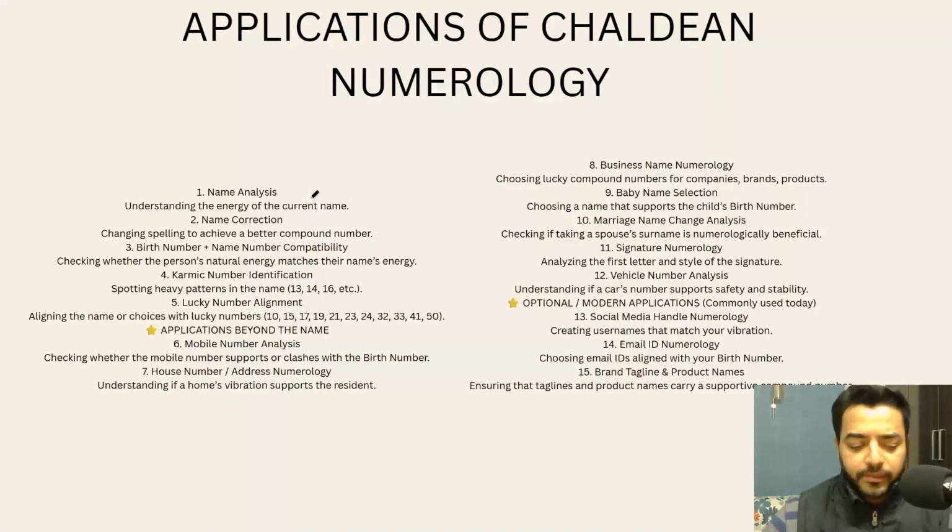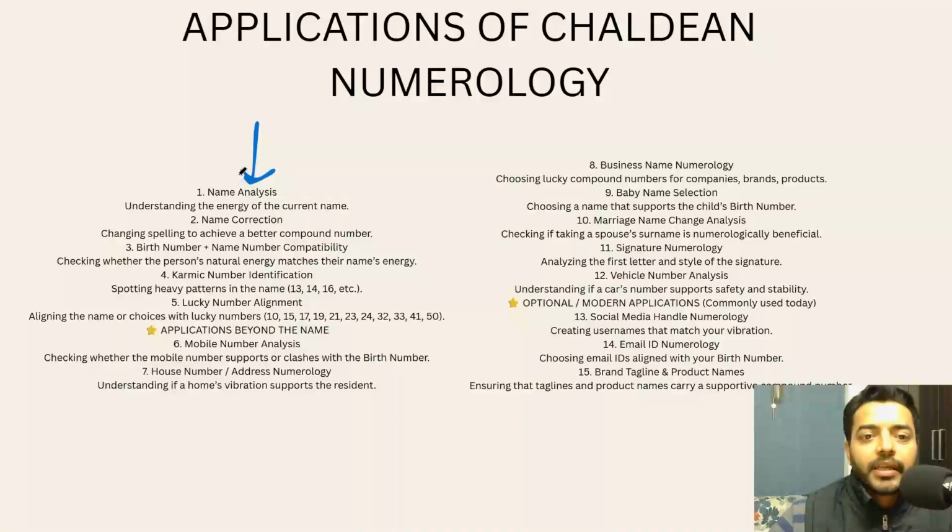So very importantly, when do we use Chaldean Numerology, or what sort of problems can we solve with Chaldean Numerology? First and foremost, name analysis. If your name does not have lucky numbers, or if your name has karmic numbers, or if your name digit becomes 8, that means slow progress, then your clients would want to change their name.